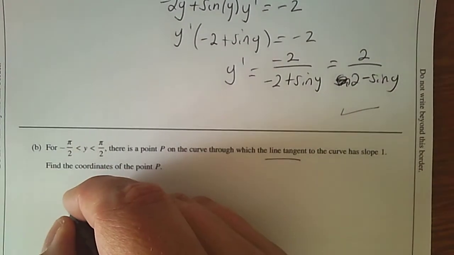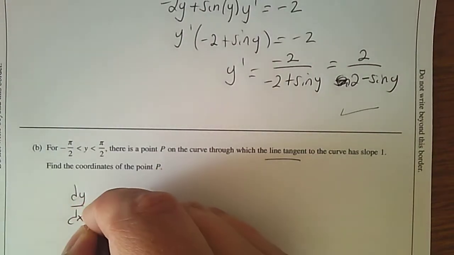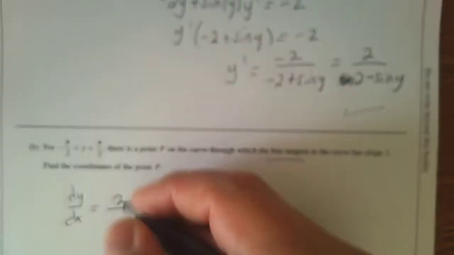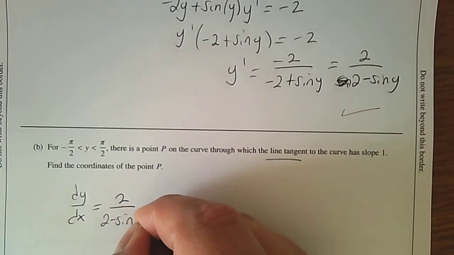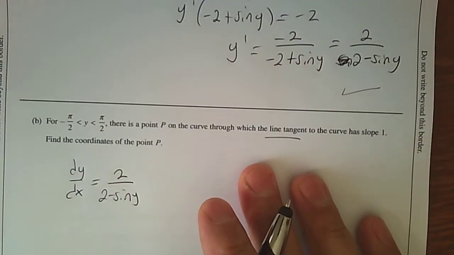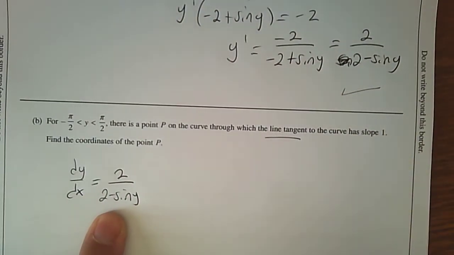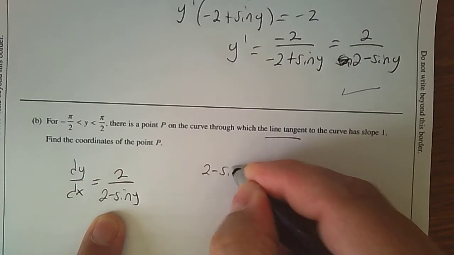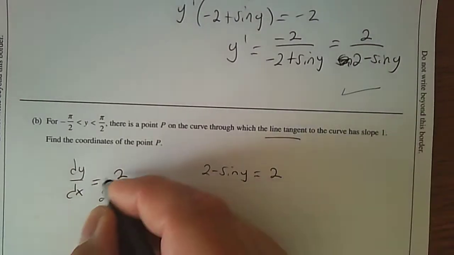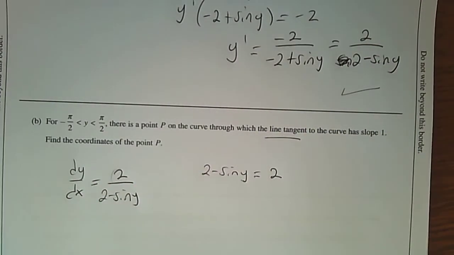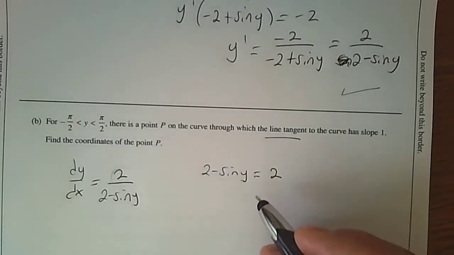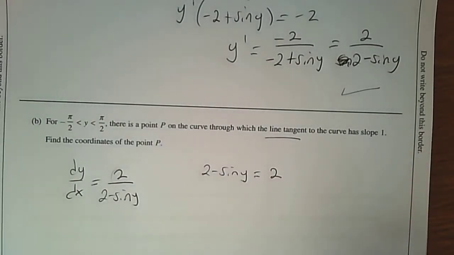So first of all, take the derivative. If this was going to have a slope of 1, then the denominator would have to equal 2, so that the numerator and denominator would be the same number and they would equal 1. So I'm going to make that equal to 2.